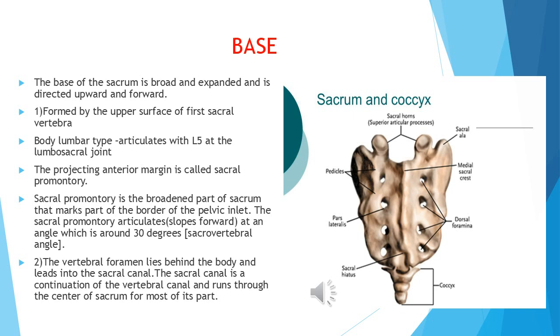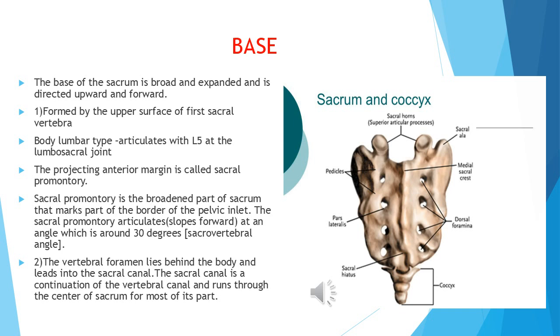So the base of the sacrum is formed by the first sacral vertebra. This first sacral vertebra articulates with the vertebra above, that is L5. Lumbar vertebrae are five in number. And that joint is known as the lumbosacral joint.